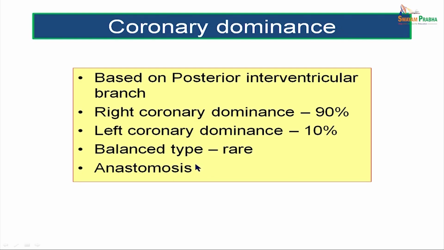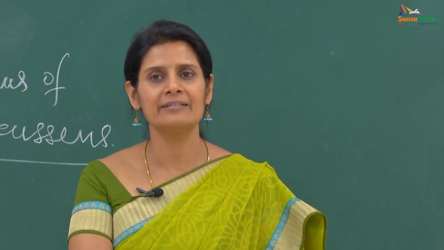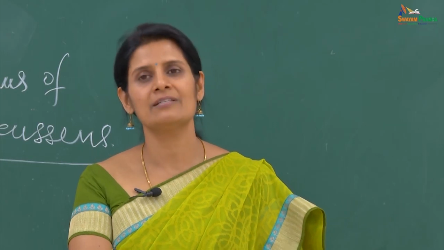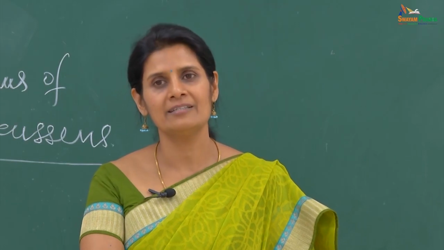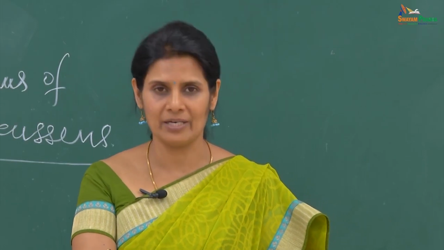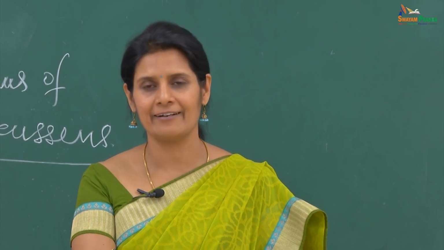Balanced type of coronary circulation is the best to have, because there might not be any coronary arterial disease happening, because there is dual blood supply there. Even if one is blocked, then the other one will take over the supply. So, this will be the best type of circulation, but it is found to be very rare.